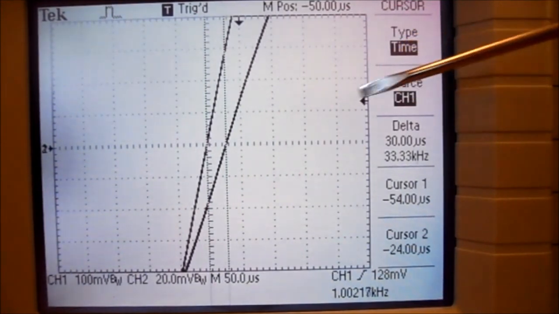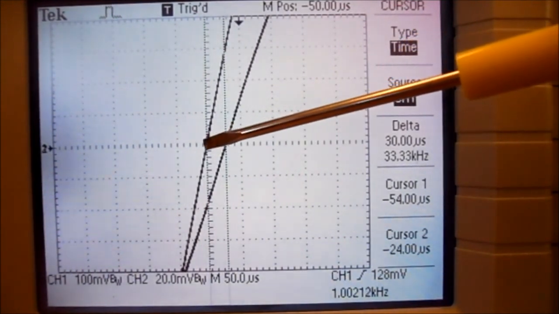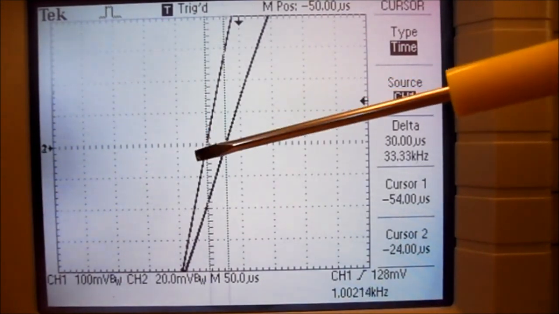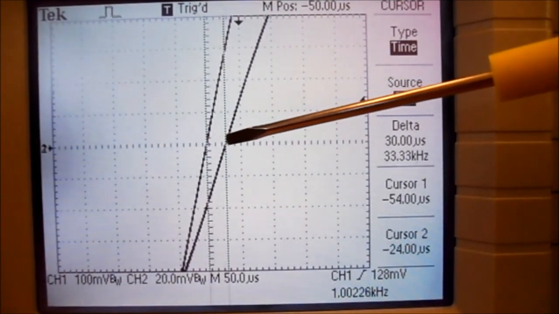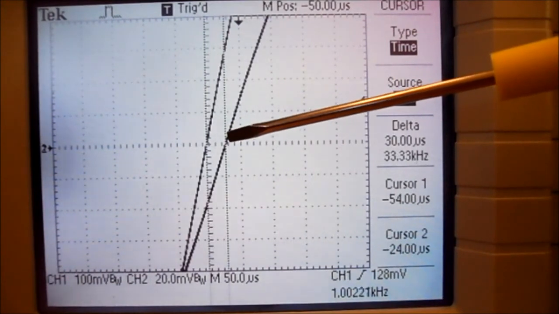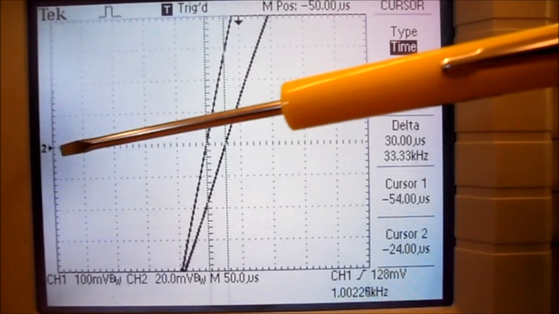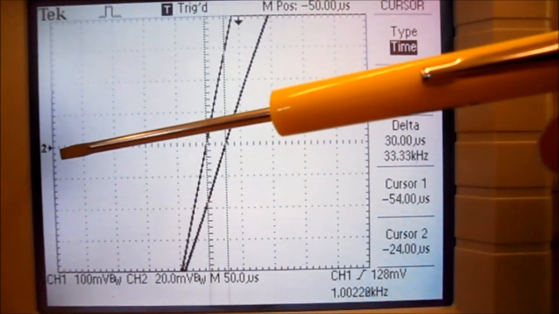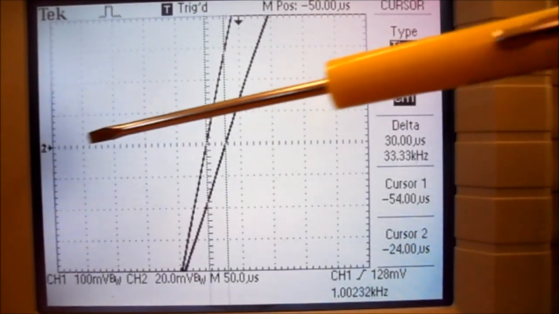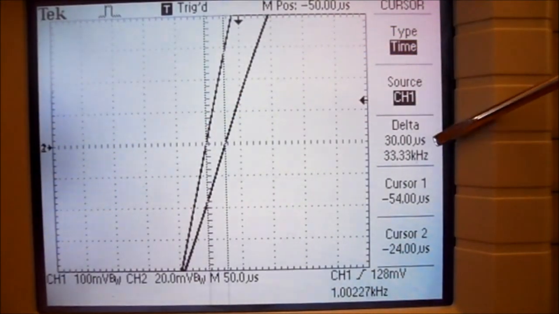My source is channel 1. So I position one cursor at the zero crossing of one waveform, the second cursor at the second crossing of the second waveform. Very important to make sure that the zero lines are both on 0 for both channel 1 and channel 2. And the delta is 30 microseconds.